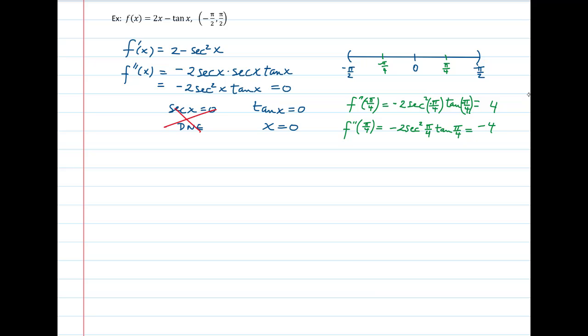On the interval from -π/2 to 0, the second derivative is positive, and on the interval from 0 to π/2 it is negative. Remember, this is the second derivative, which indicates concavity. So formally, the function on this interval is concave down from 0 to π/2, and is concave up from -π/2 to 0. And there we have it.